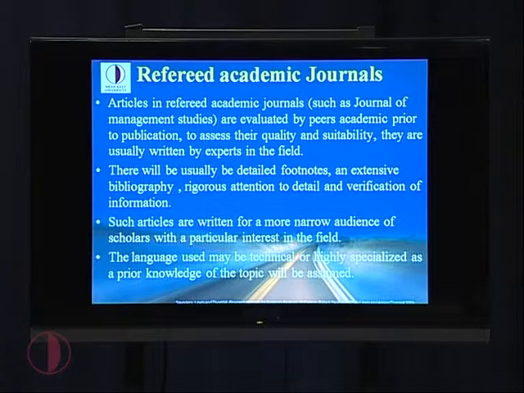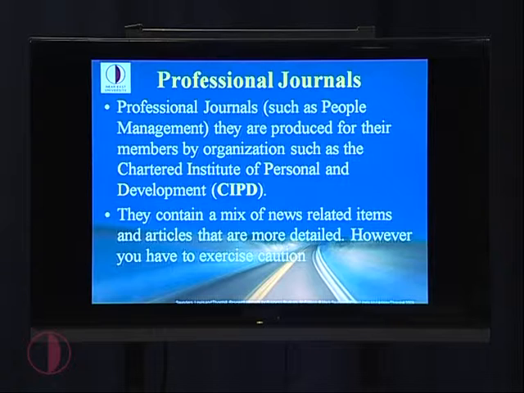Which type of journal are you looking for? Refereed academic journals are reviewed by editors and academic peers prior to publication. They are for experts. Sometimes you'll find the language is more professional, not easy to understand unless you have prior knowledge about the subject.